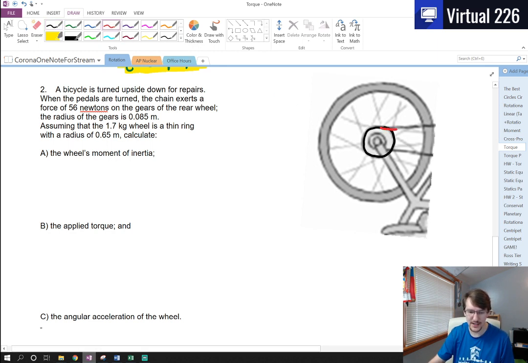And the chain, whenever it's tugging on this, is generating 56 newtons of force when it's on the gear there. We know the radius of those gears from the center out is 0.085. So this 0.085 here, this is our moment arm, R, and these 56 newtons, that's our force there, F.